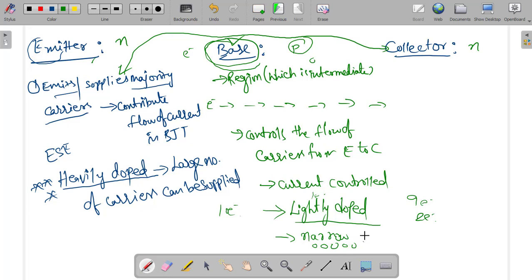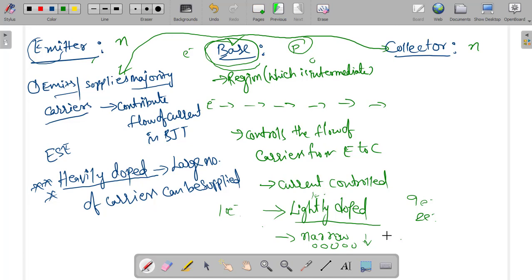So recombination should be reduced, such that more electrons from the emitter are supplied to the collector. For that purpose, the width should be narrow, so that holes are as few as possible. This will control the flow of current, and more electrons will be transferred.